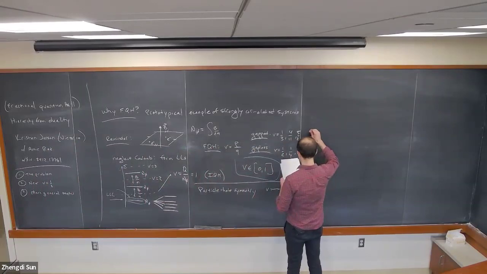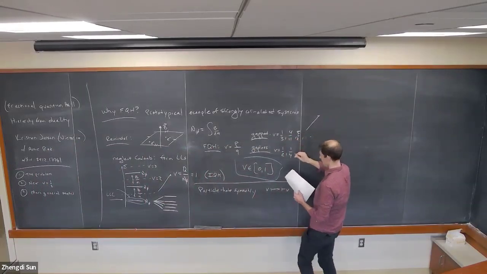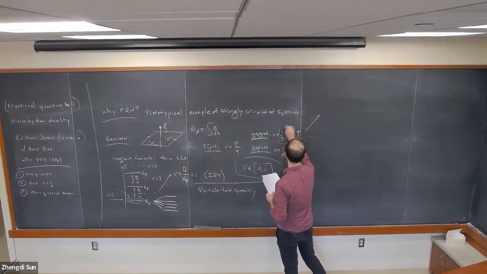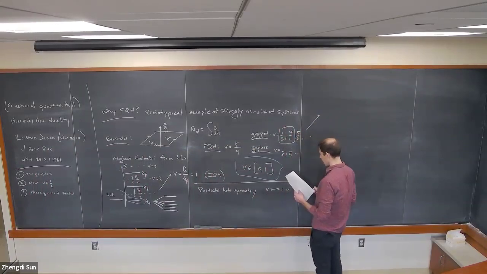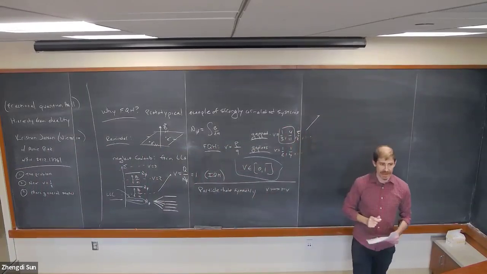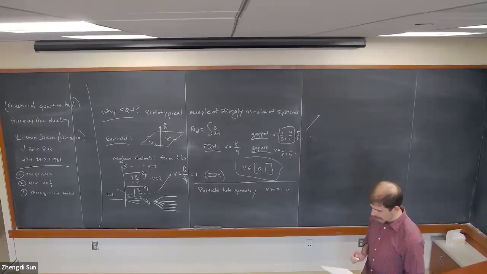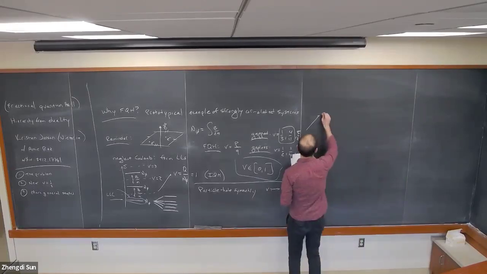Now, these gapped states, at least the ones that have odd denominator and are gapped, these are not trivially gapped states. They have a Chern-Simons effective field theory description that looks like this.